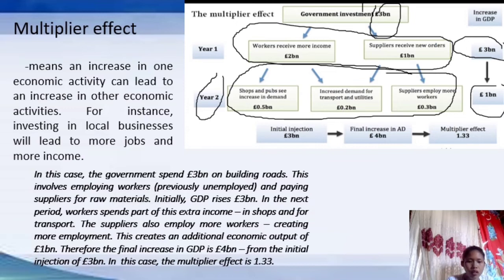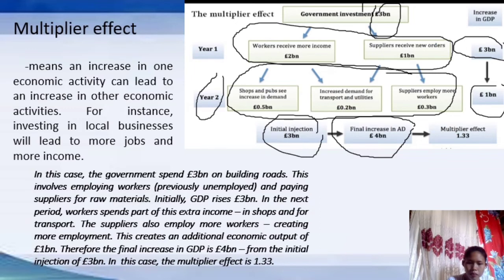Therefore, the final increase in GDP is £4 billion, from the initial injection of £3 billion. In this case, the multiplier effect is 1.33. That was the example of the multiplier effect.